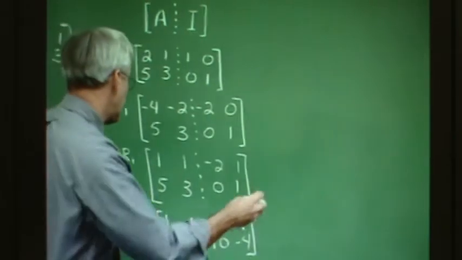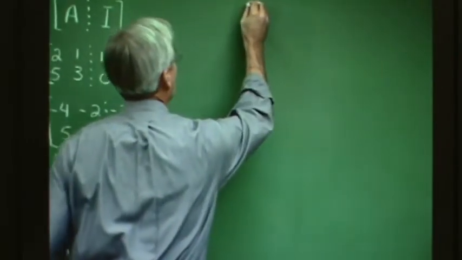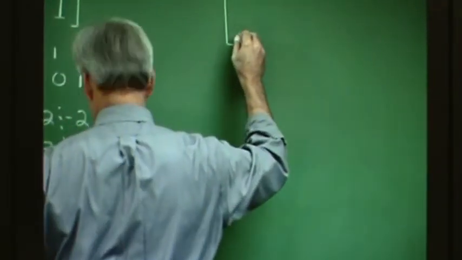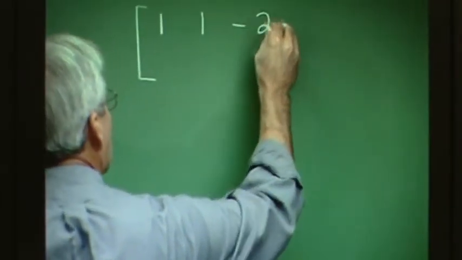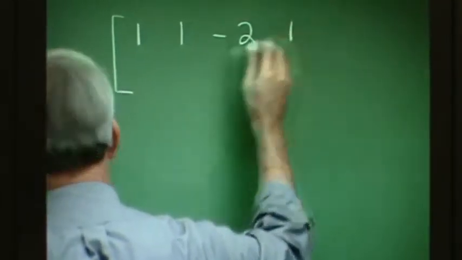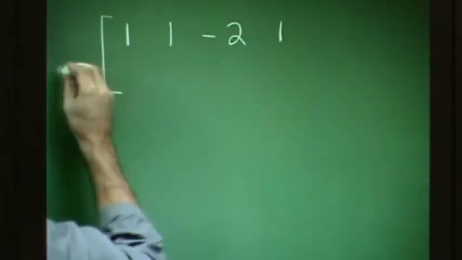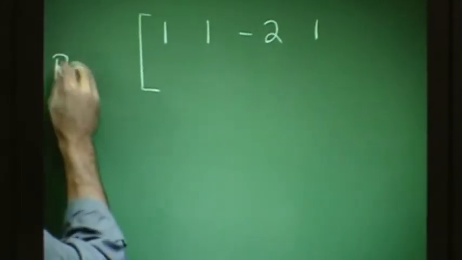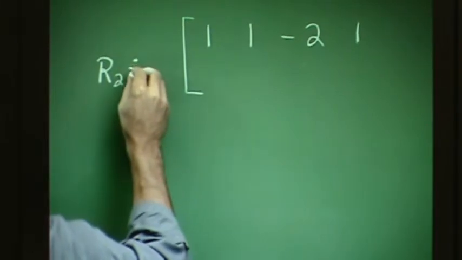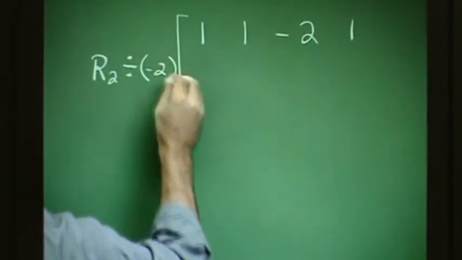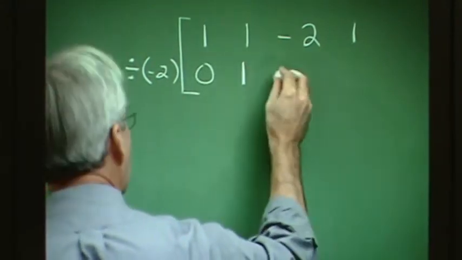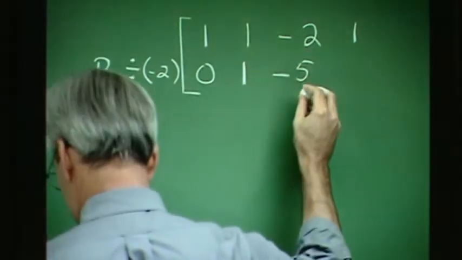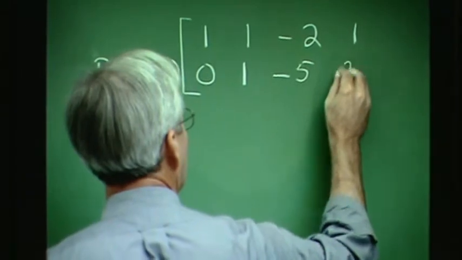So I'm just going to bring over that top line. And then as I bring these over, I'm taking row 2, and I'm dividing by -2. So I have 0, 1, -5, 2.